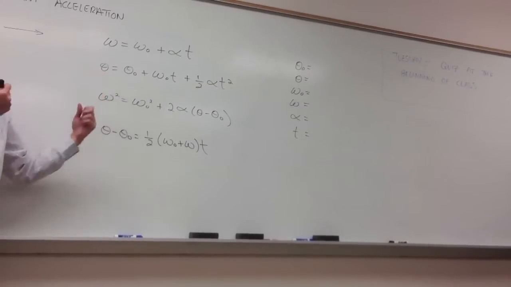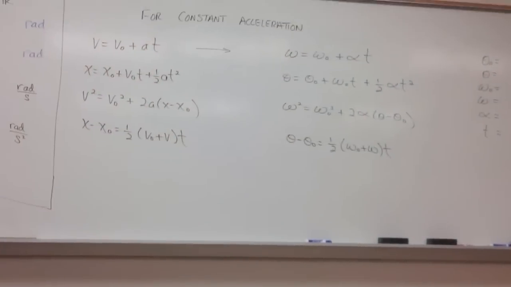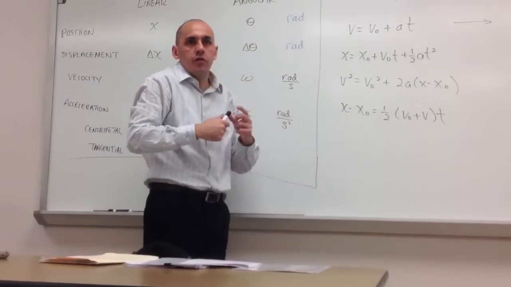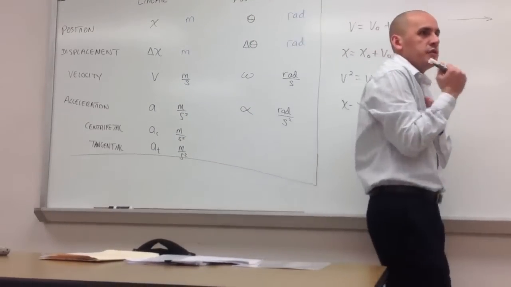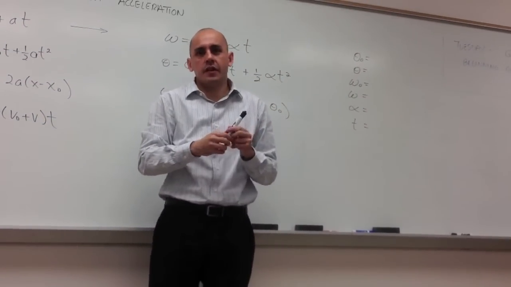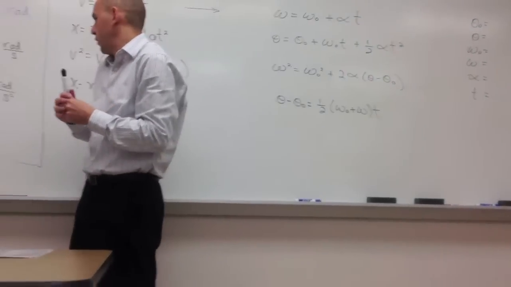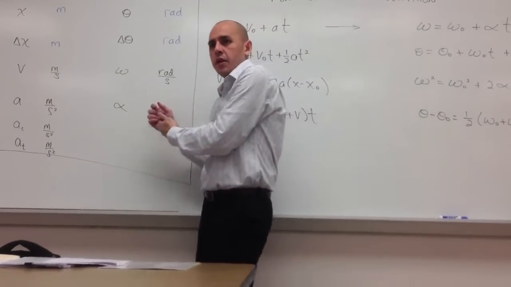So anytime you're accelerating, you use these. Those average equations that said delta theta over delta t, or delta omega over delta t, you don't use those unless I ask you for an average. So be very careful about when you're using your equations, because some of these problems will feel like unit conversions. Like you're going back and forth between radians or revolutions, and you might just feel like, well, if I have radians and I divide by time squared, I might get alpha.